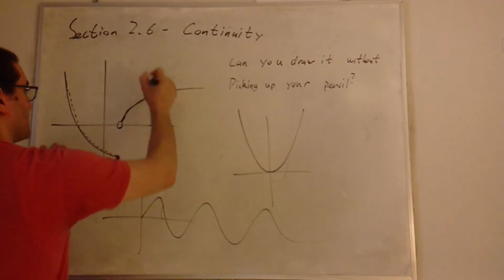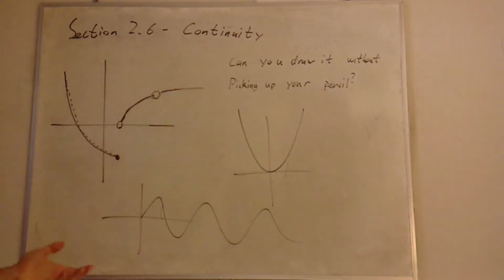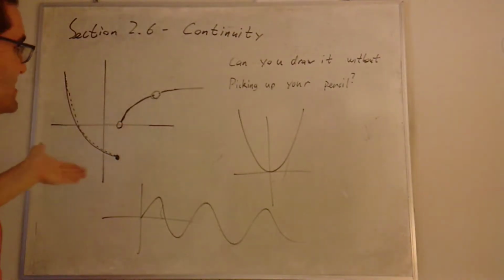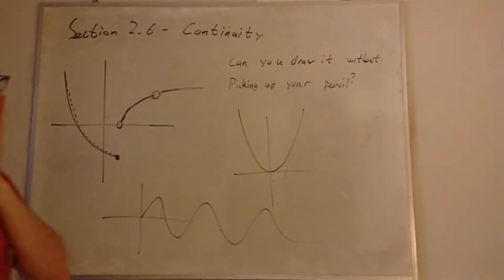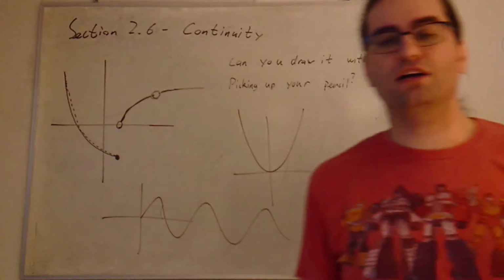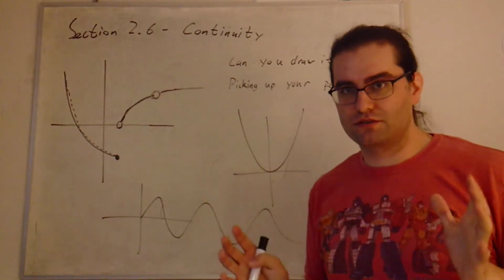Then you'd have to pick up your pencil again for this little hole, and keep drawing on the other side of this hole, and then you put the hole there. So this graph cannot be drawn without picking up your pencil. This graph is discontinuous. The bad news is we're mostly interested in continuity at points or in regions.